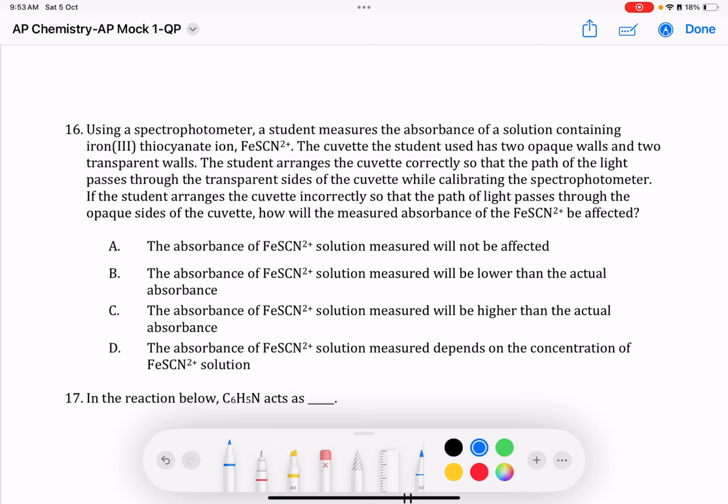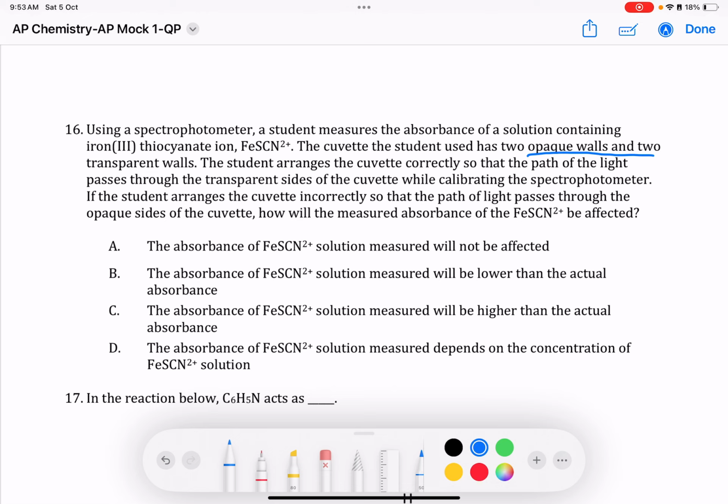Okay. Using a spectrophotometer, a student measures the absorbance of a solution containing iron thiocyanate ion. The cuvette the student used has two opaque walls and two transparent walls. Your fingers always have to be placed on the opaque walls, because we do not put them in front of the light.